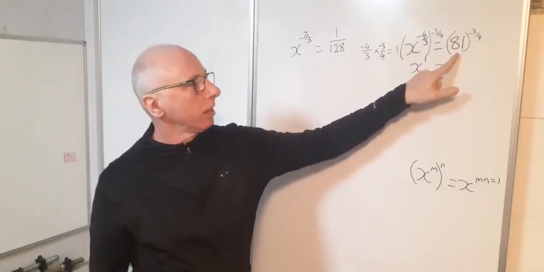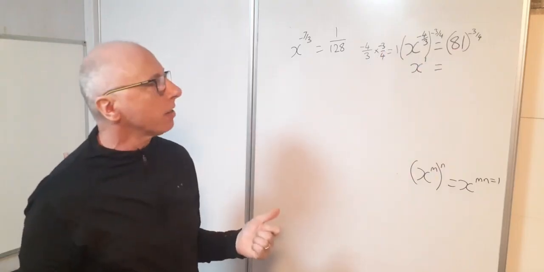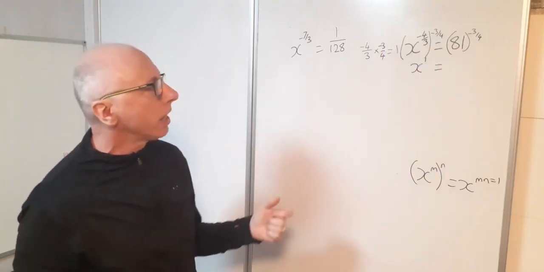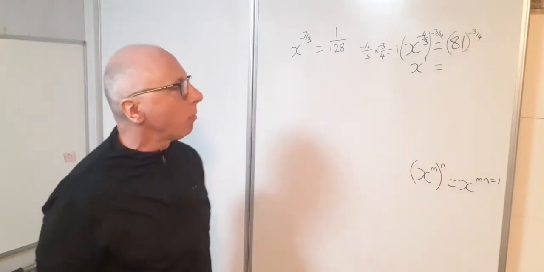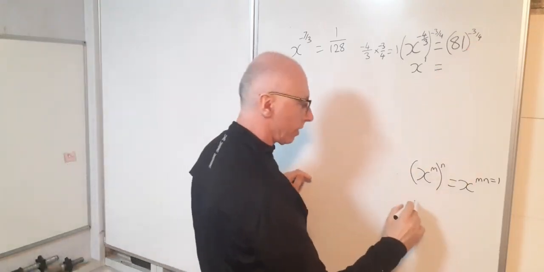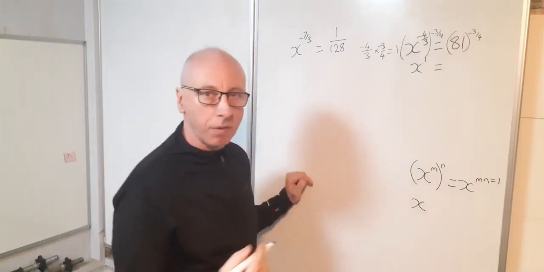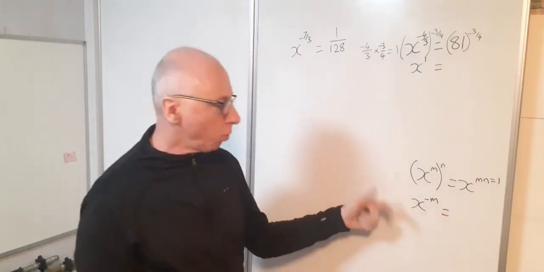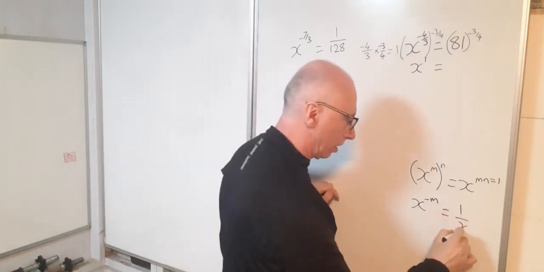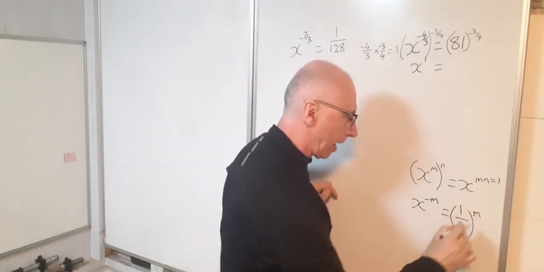The next thing we need to do is have a look at this minus 3/4. If we've got x to the power of minus m, that is the same as saying 1 over x raised to the power of m.